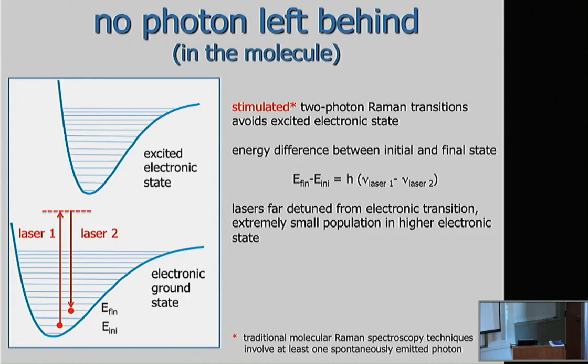That would mean that this energy difference has to be quite a bit larger. So it could be anything in the ground state, for example, that you bridge in this way, and all you have to fulfill is that the laser frequencies have to correspond to the initial and final energies here.